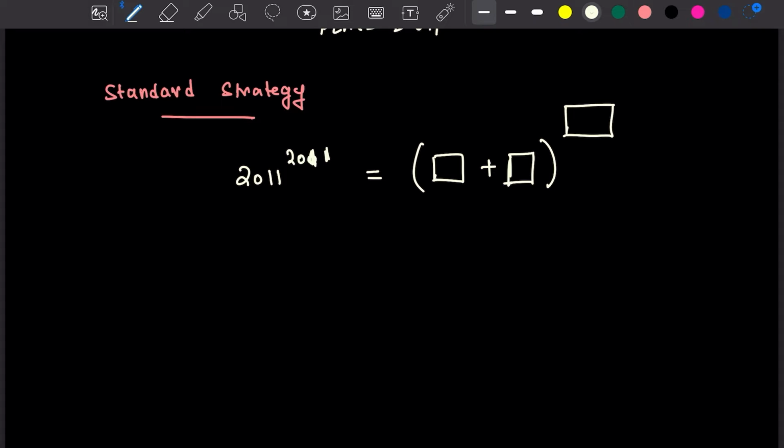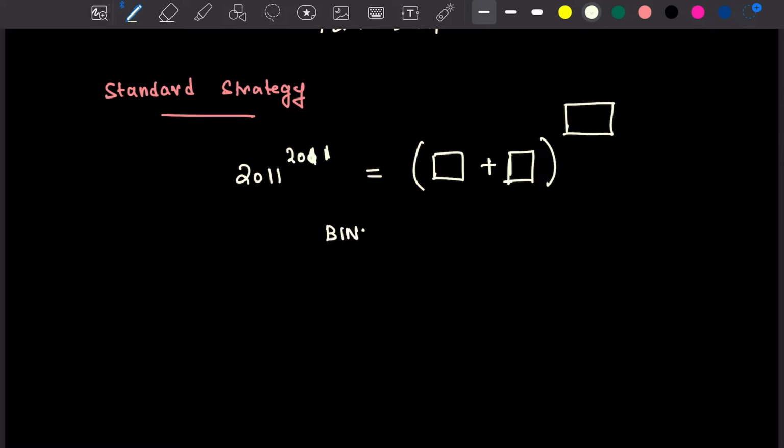This is called a binomial expansion for this expression. But the question is, what is the motivation behind this? Why should we do it?